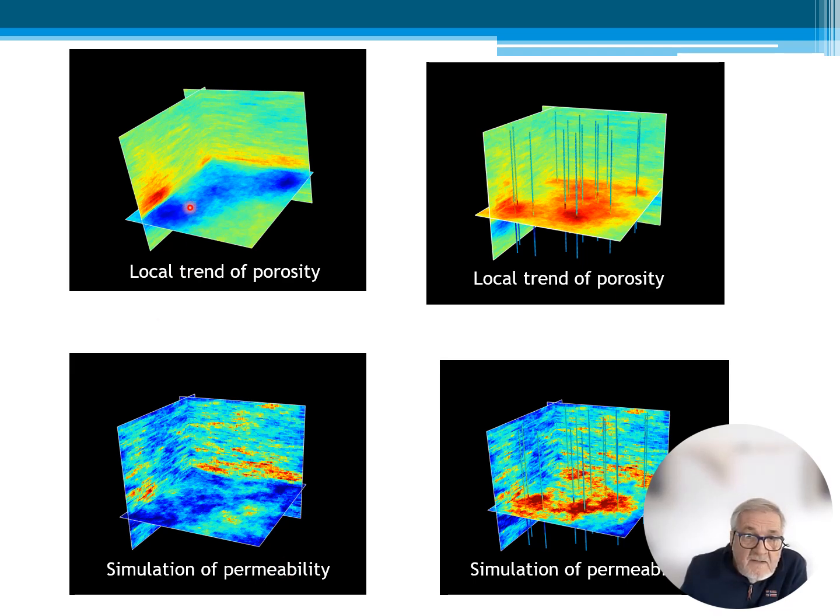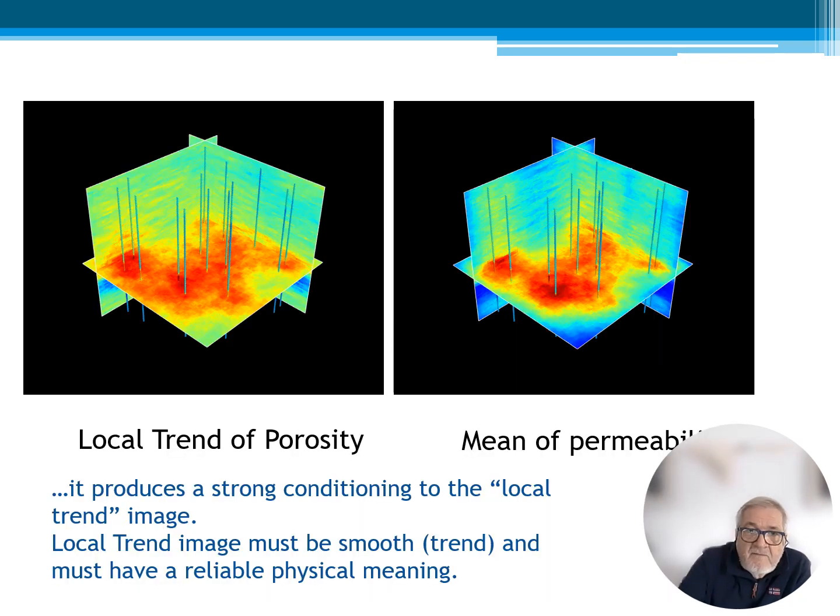As you can see, this blue shadow is reproduced. These red, very high values of porosity are also reproduced in the simulated realizations. For example, this is the local trend of porosity that we have used to simulate, and this is the mean model of the permeability realizations or simulation.